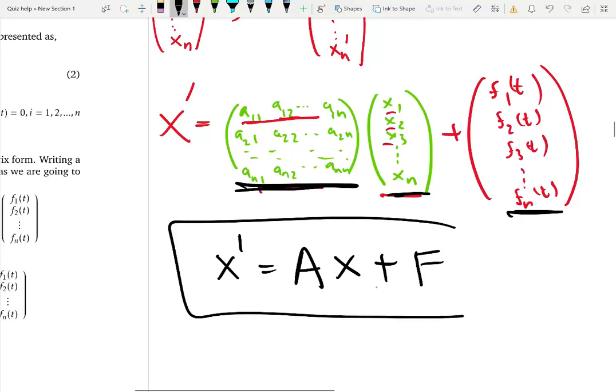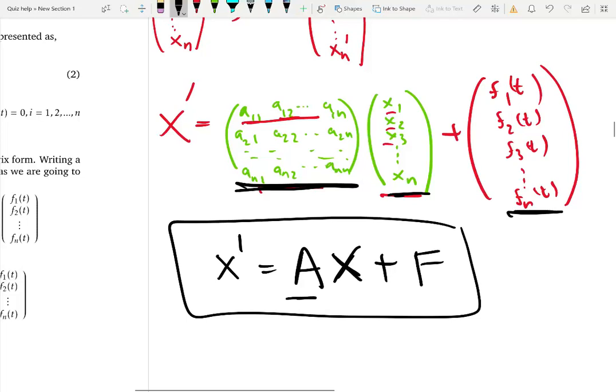This is how you represent a non-homogeneous system of differential equations: X prime is equal to AX plus F. F is the non-homogeneity vector that contains all the information about non-homogeneity. A is the coefficients of the dependent variables on the right hand side. X is the dependent variable vector.